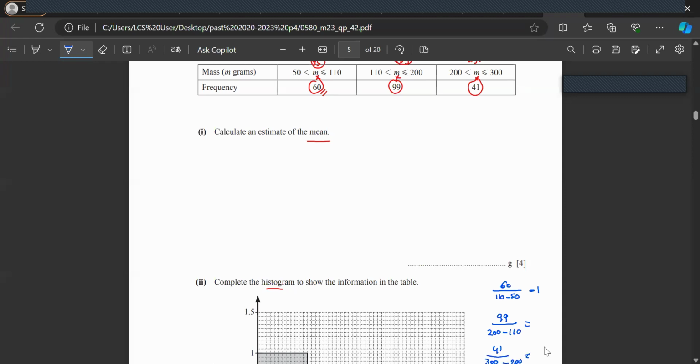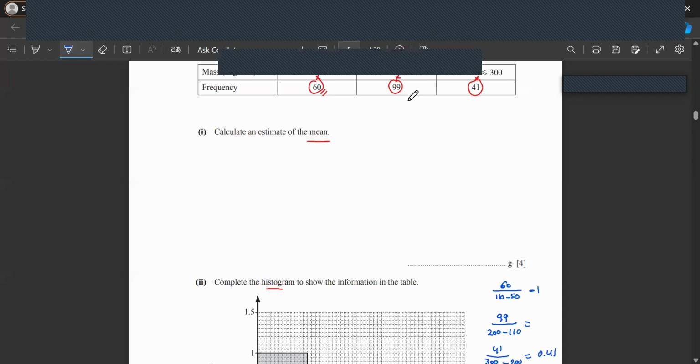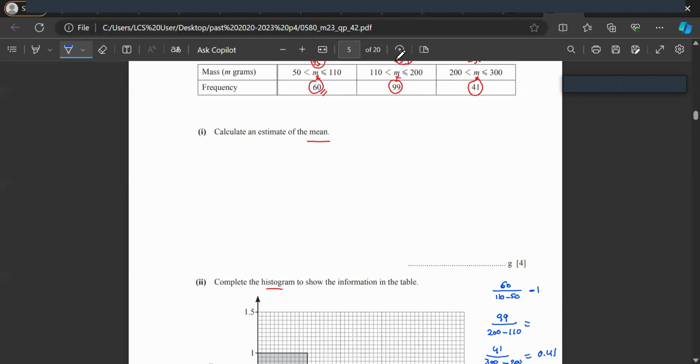This will be 0.41, and this will be 1.1.